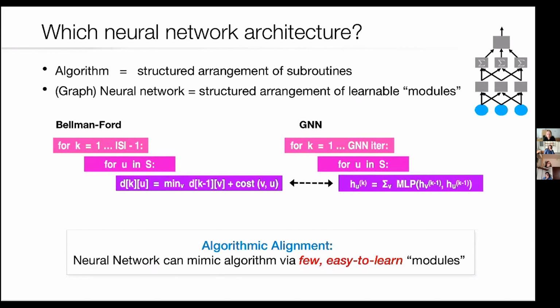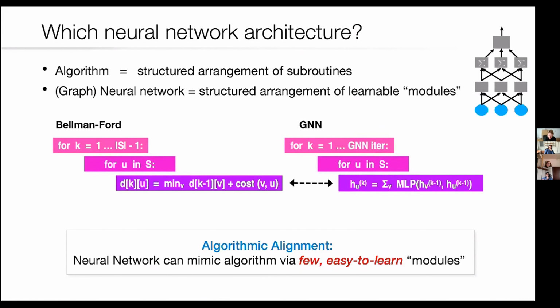Informally, this means that the neural network can mimic a target algorithm via few and easy to learn modules. Basically, we don't want too many of these learnable pieces. They can repeat, that's only one piece, and they should be easy to learn. Then we expect that it actually works better with the learning.